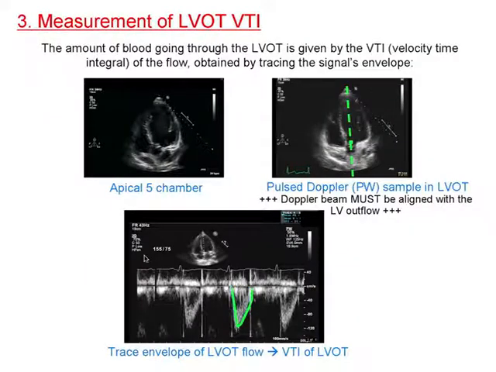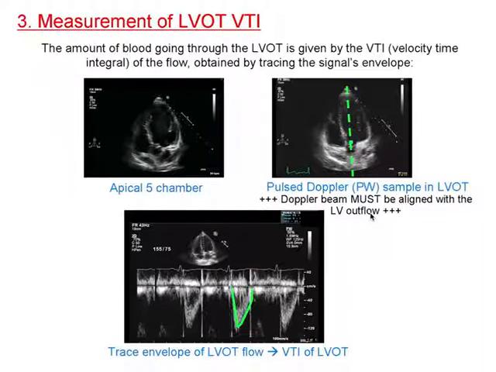And then we're going to take the velocity time integral of the LVOT. So here's what happens. It's the amount of blood that's going through that left ventricular outflow tract that is given by the velocity time integral. And so what we do is we line up in the apical fifth chamber. We put that pulse wave Doppler sampling gate right over the aortic valve, right at the LV outflow.